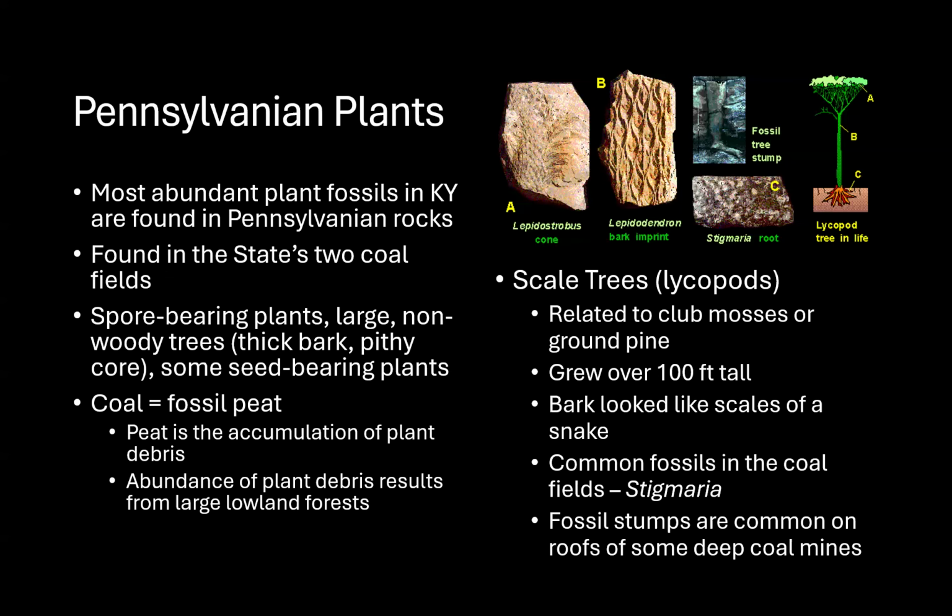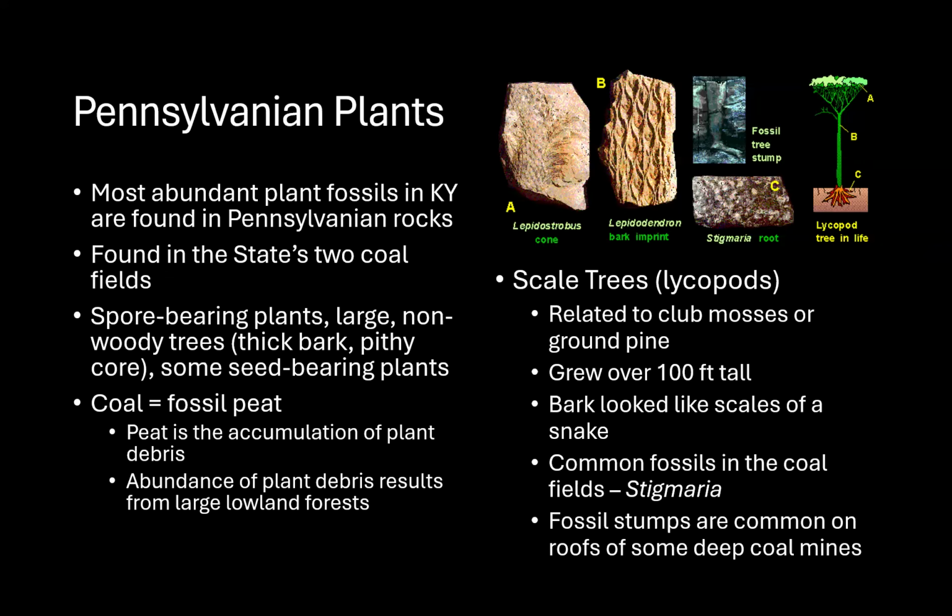And so where we are in Kentucky, both the eastern and western coalfields have an abundance of this plant debris. That's because at the time, again, you had these lush lowland forests. And so that accumulation of all those plant fossils over time really helped to add on and on and on layers of this fossilized peat, which we use today as coal.